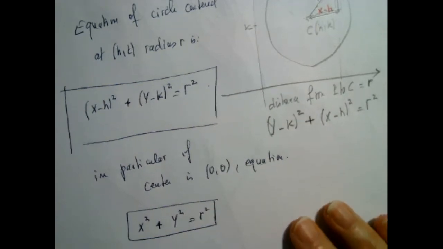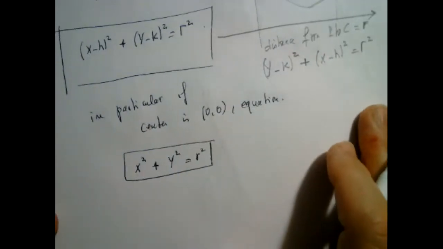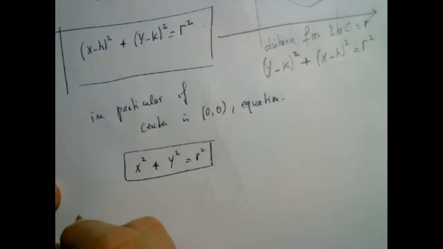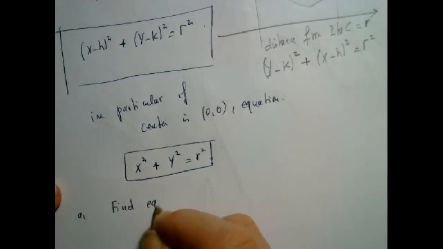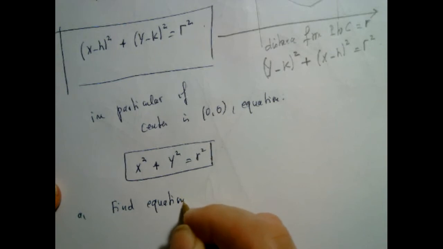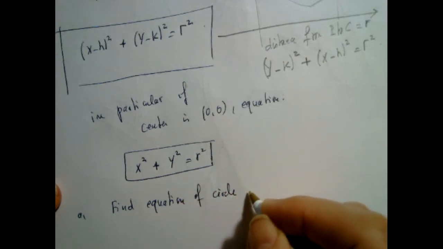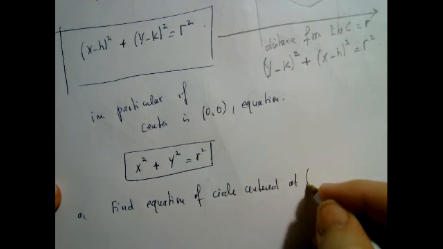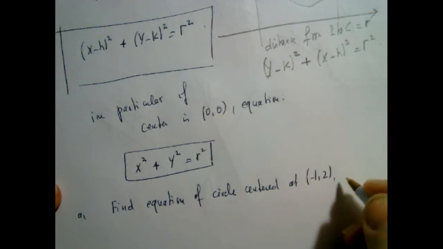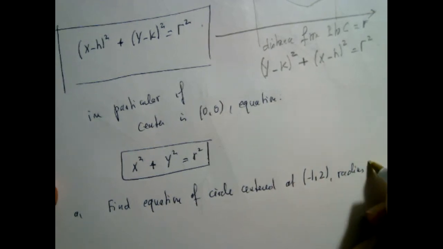So two straightforward examples. A, find the equation of the circle centered at, let us say, the point (-1, 2) with radius 4.